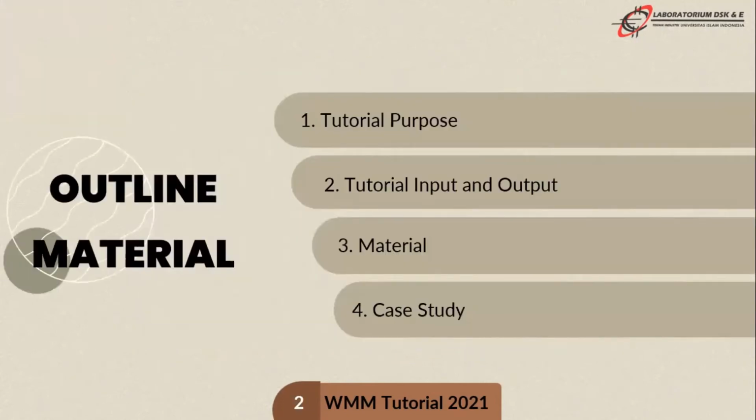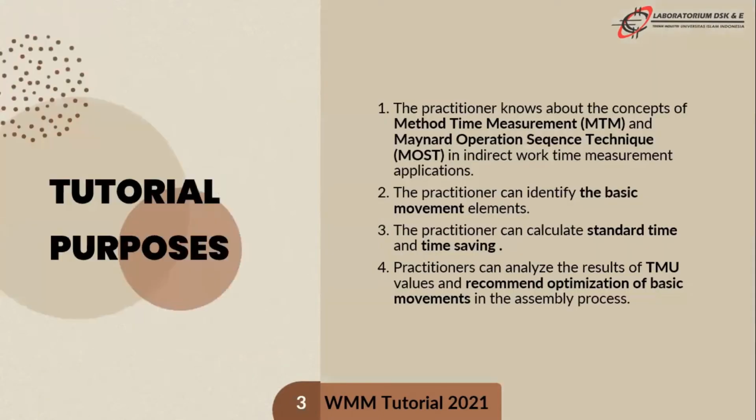Okay, everyone. For the outline material for today, there are tutorial purpose, tutorial input and output, material, case study, and also post-test. And we enter the first outline, tutorial purpose. First, the practitioners know about the concept of method time measurement or MTM and minor operation sequence technique or MOS in indirect work time measurement applications.